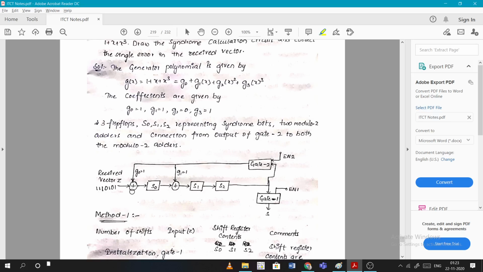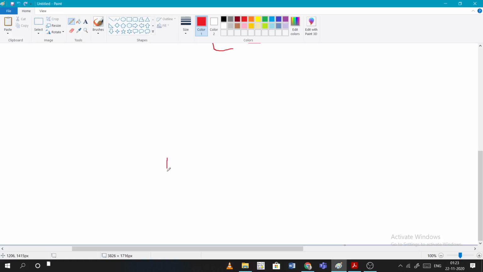Here g0 was written separately. Previously, for that code word, we connected g0 with the S0 itself, but here we will connect another. Basically there are n minus k registers, that is S0, S1, S2.